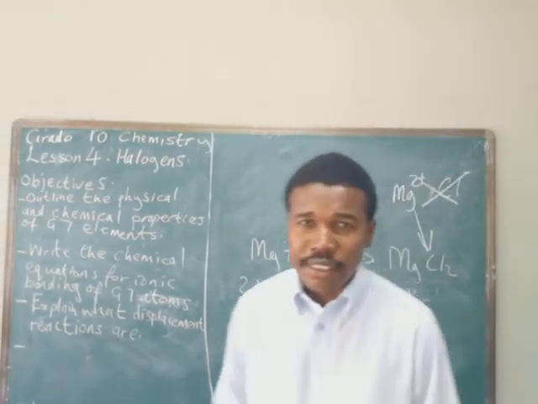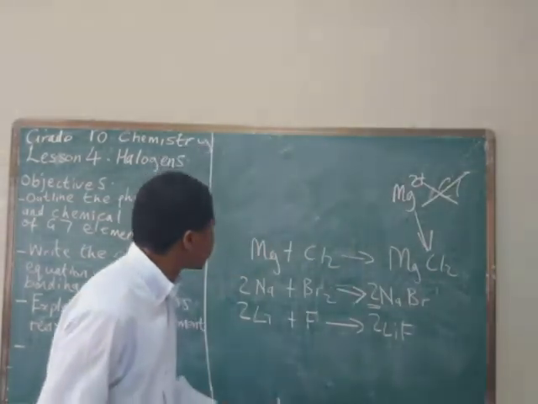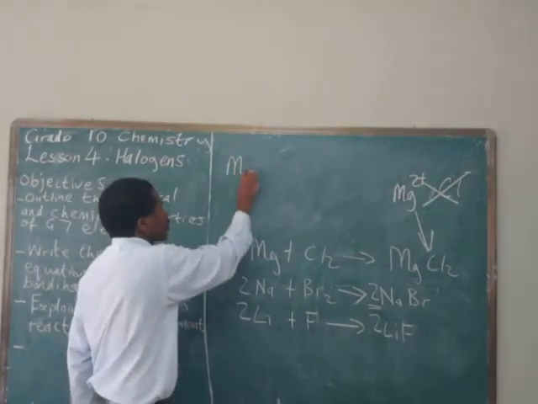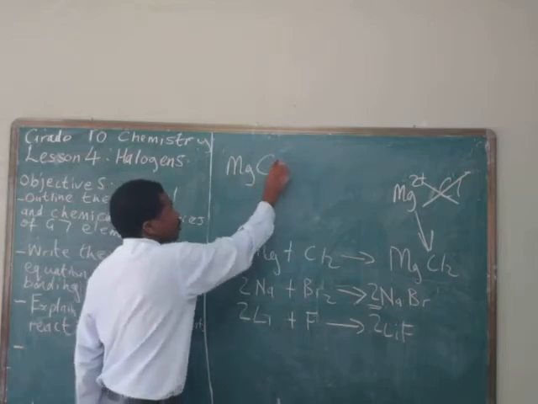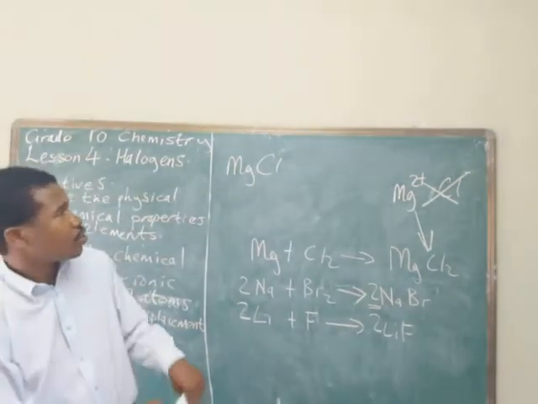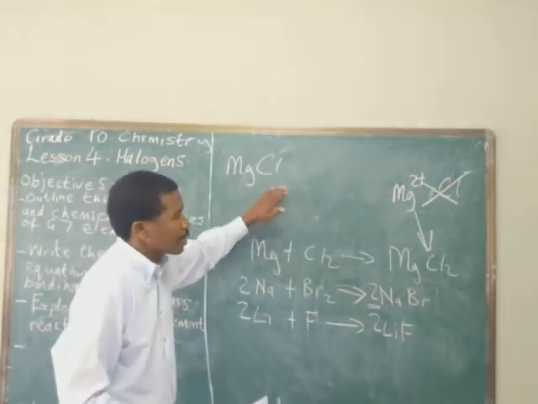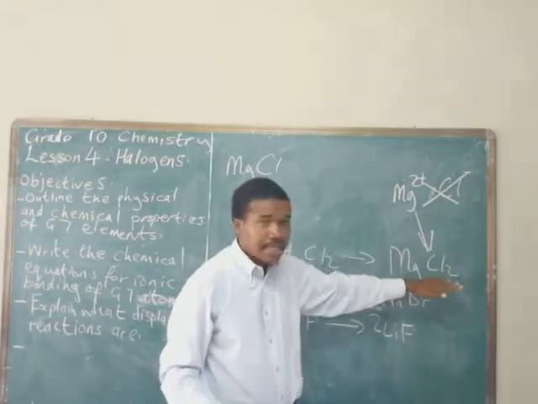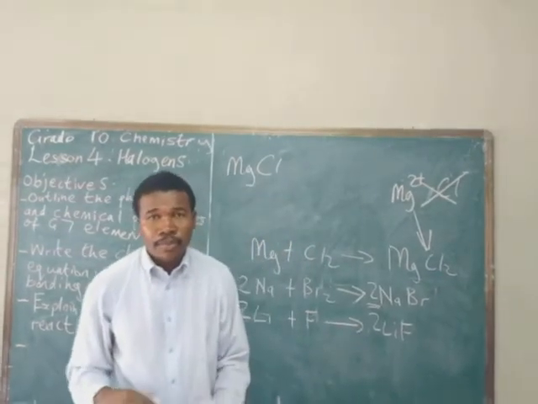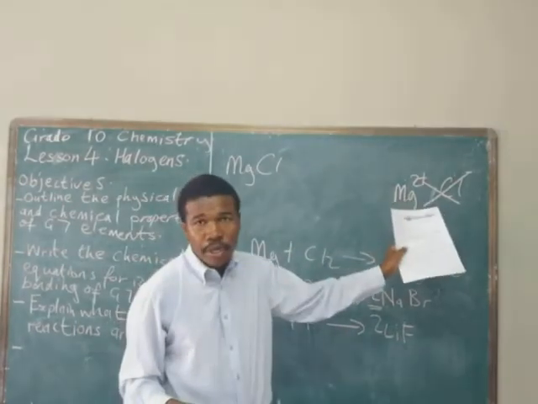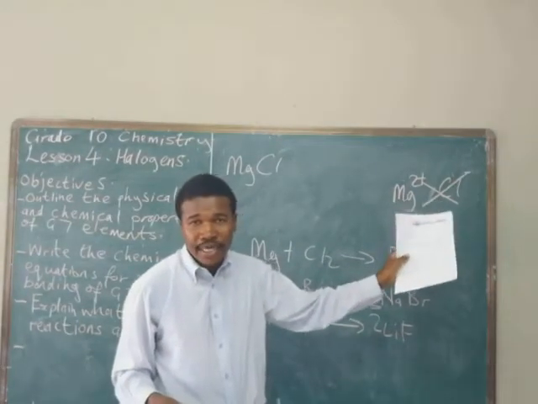In the beginning, whenever someone would say magnesium chloride, you say, okay, magnesium is Mg, then chlorine is this one, so that is magnesium chloride. But you realize that no, magnesium chloride looks like this, MgCl2.